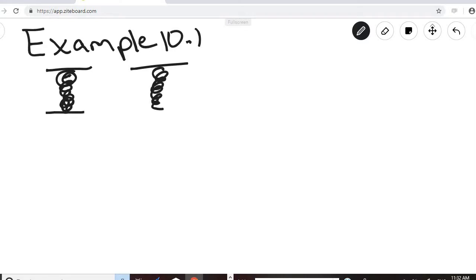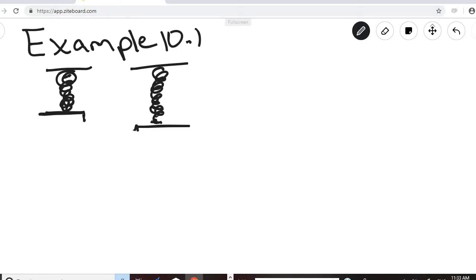The spring hangs down to a certain point, but then when we apply a weight to it, the spring gets displaced, and the distance between here and here is 2.51 centimeters.